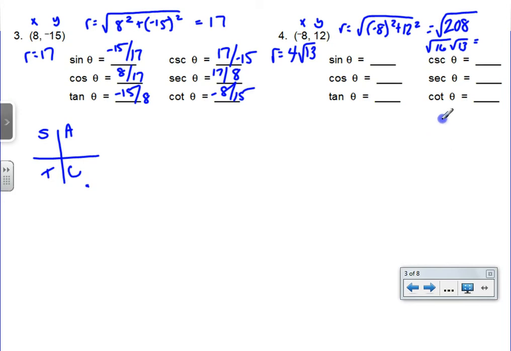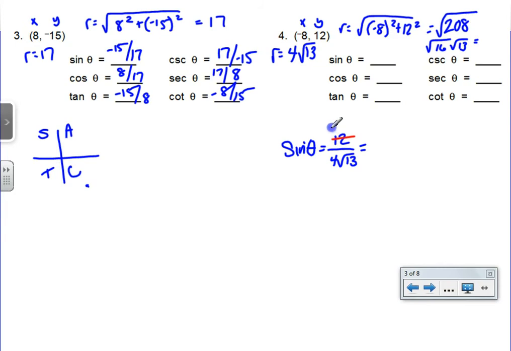All right, sine. Sine is y over r. Okay, I'm actually going to write down here because I'm going to run out of room, but you guys can probably squeeze this in. So if I have 12 over 4 square roots of 13, what's one thing you notice? Radicals in the bottom. Anything else? 12 and 4 can reduce.